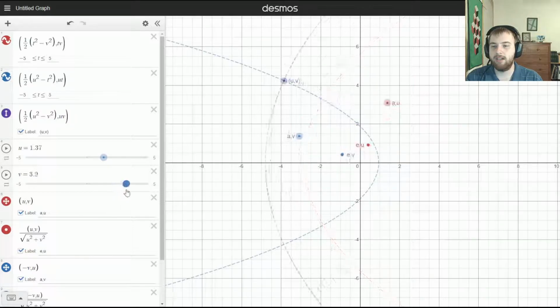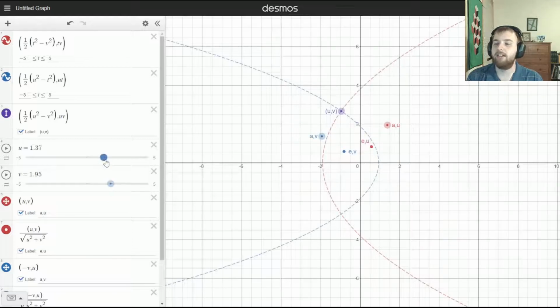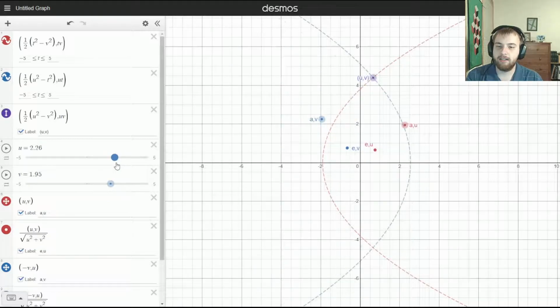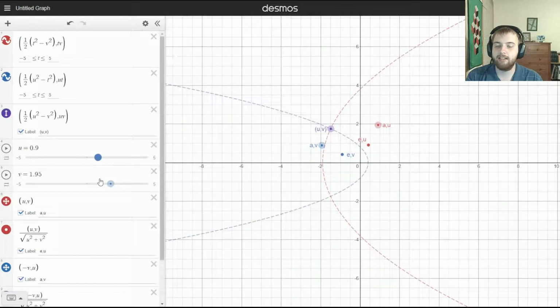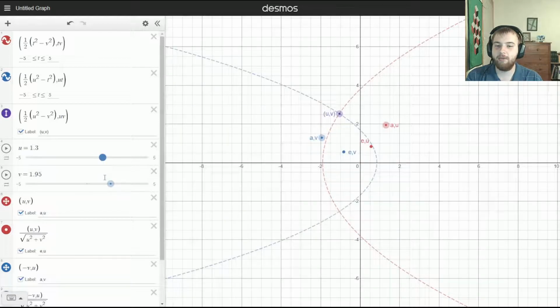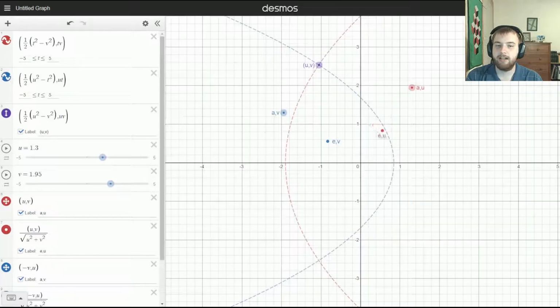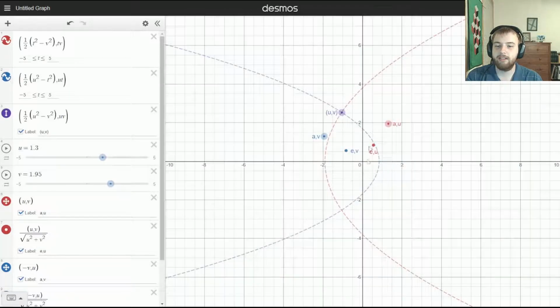When I'm moving u, the direction that I go, when I move one tick, is actually the same direction as this EU.